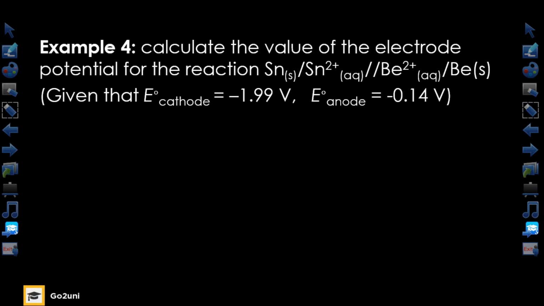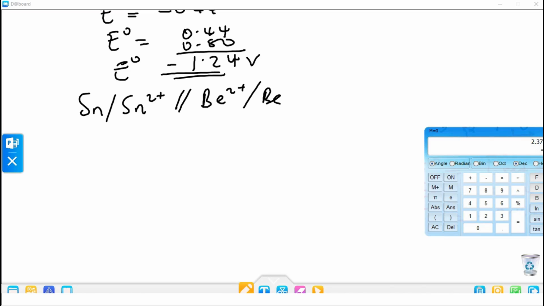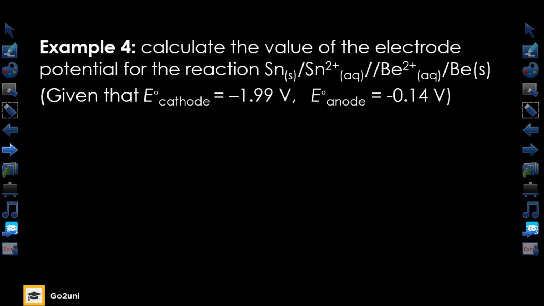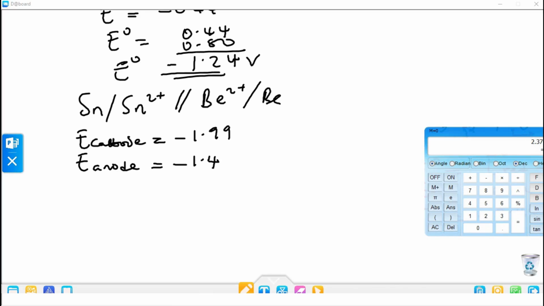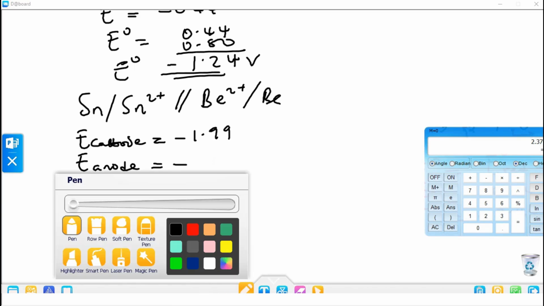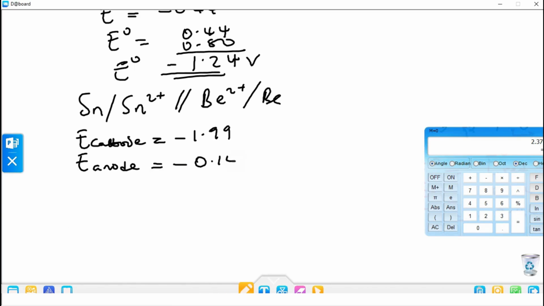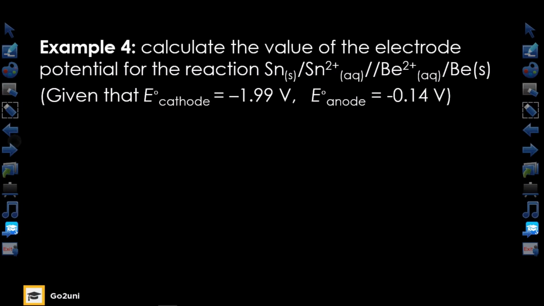That is the equation, so we need to go by the equation. And we are told that E cathode is negative 1.99. E anode is negative 0.14, and that is what we have.